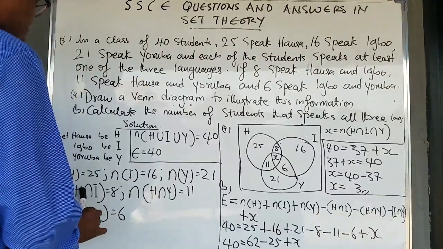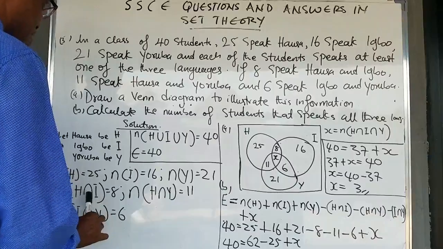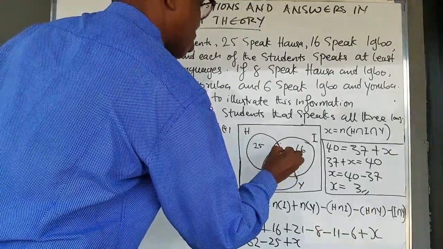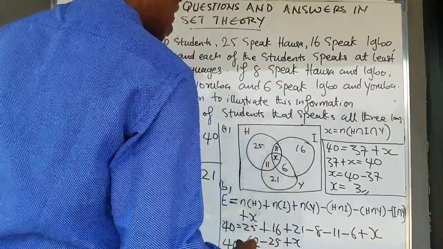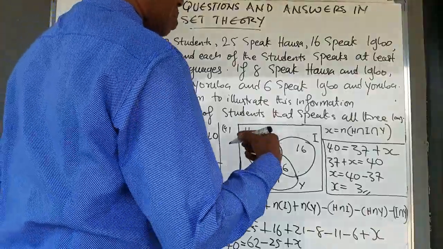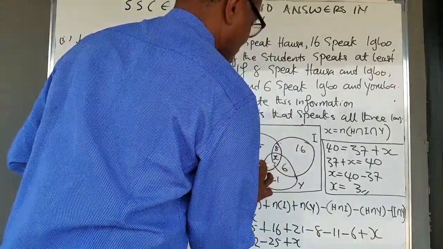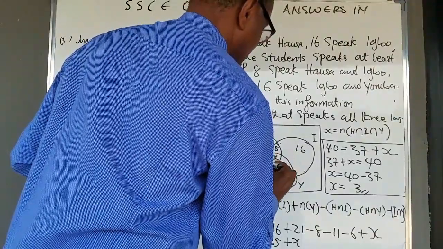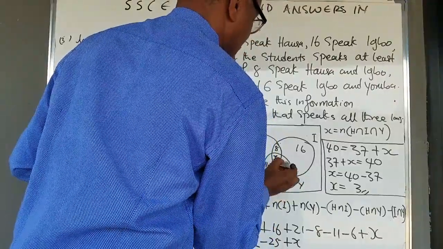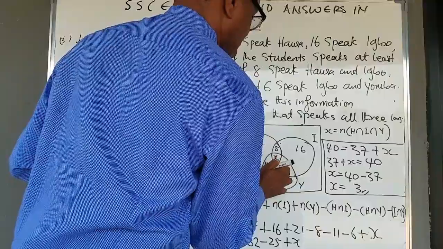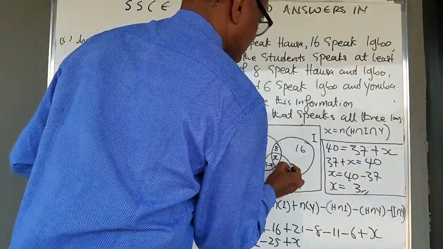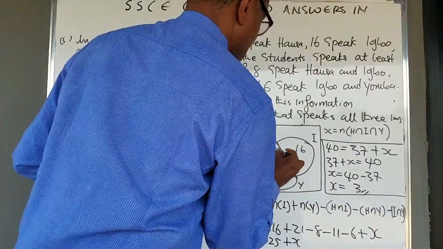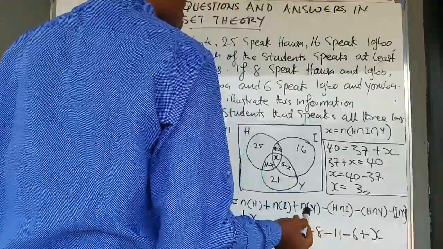Then H intersection I is those that speak Hausa and also speak Igbo. See how I drew it here to show it here. 8. In fact, to make it more interesting, you can even write 11 minus X. That means 11 minus this X is not part of it, so that you don't get more. You can say that this way. 6 minus X. And this one too, 8 minus X. But remember that when you're solving it, you don't even need to waste too much time.